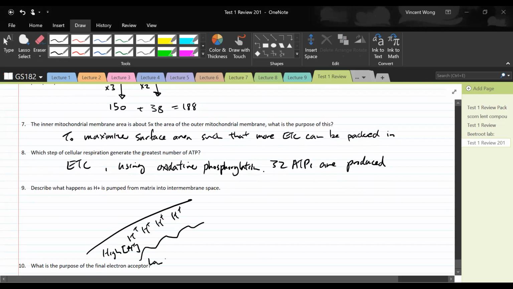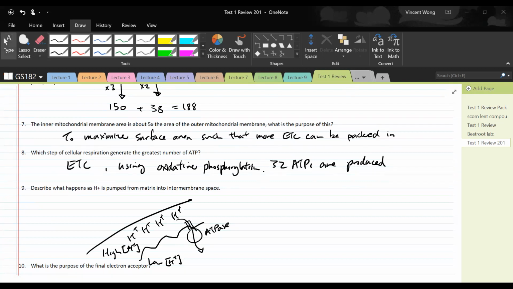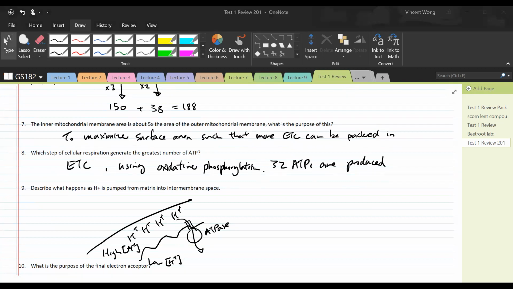And then this is low concentration. So they want to come back in, but the membrane prevents them from doing so. So they have to go through the ATPase, which harnesses the energy and basically uses the energy to produce the ATP. It's like a turbine, right?